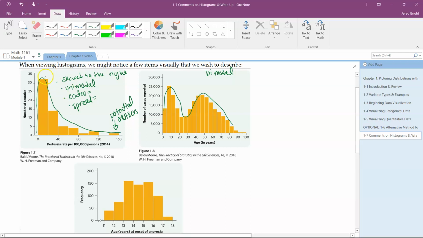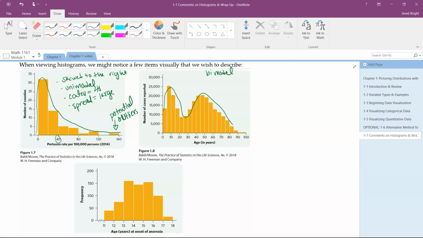Believe it or not, the center is not going to be at the most frequent value, just because you need some more to balance that. So I anticipate that the center would be around 40-ish. And then the spread, considering you have observations from 0 to 140 or more, I would say it's going to be a large spread. We can quantify this in chapter 2, but right now we don't have the ability to do that.